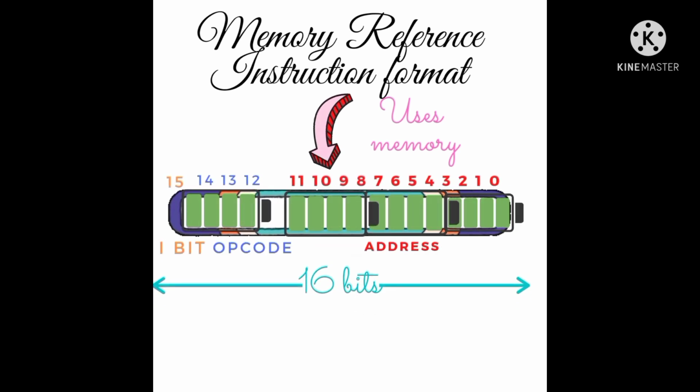Memory reference instruction, as the name indicates, uses a memory word to specify the address of its operand. That is, if we want to add two numbers, one of the operands will be in the accumulator and the other will be in the memory address specified in the instruction code.